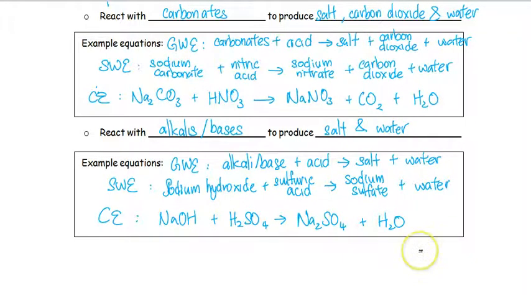Okay, now looking at the three reactions, you realize that sulfuric acid produces what type of salt? It produces sulfate salts. So as you can see here, sulfuric acid will produce a sulfate salt.